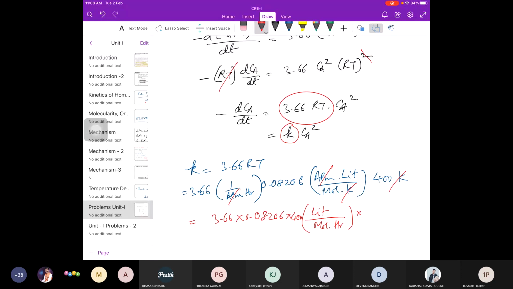How will we convert liters to cubic meters? One liter is how many cubic meters? One cubic meter is how many liters? Thousand. And one hour is how many seconds?